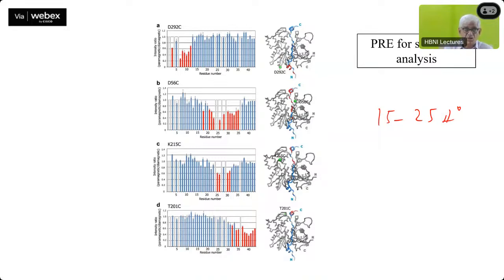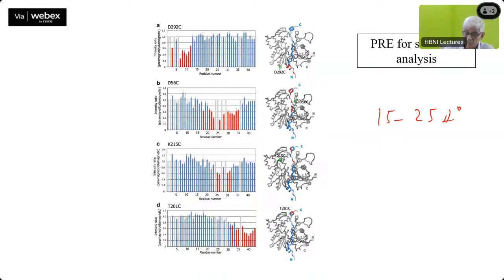Relaxation enhancement meaning the R2s get enhanced, and therefore you have low intensities of the peaks. That is why what is plotted here is the intensity ratio of the paramagnetic system and the diamagnetic system. Diamagnetic means when there is no spin label. Paramagnetic means when there is a spin label. You take the intensity ratios.